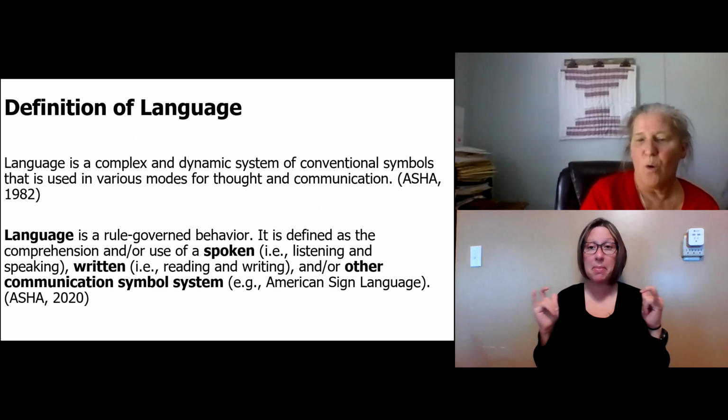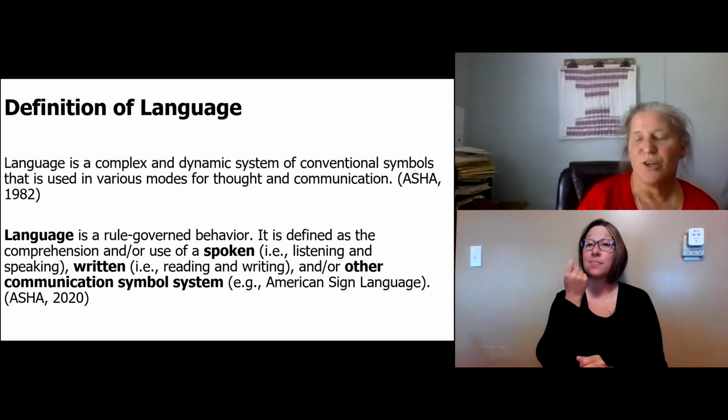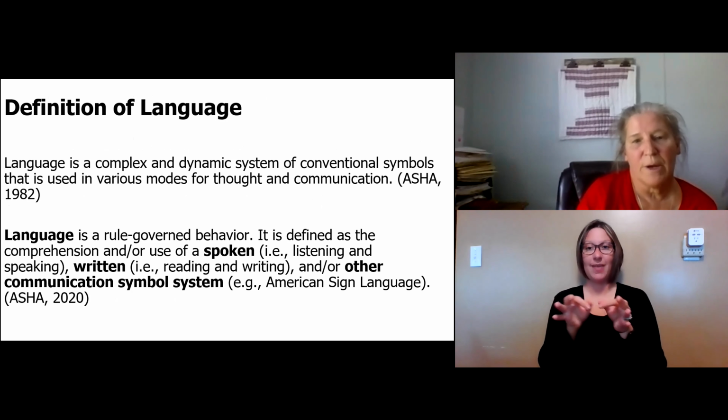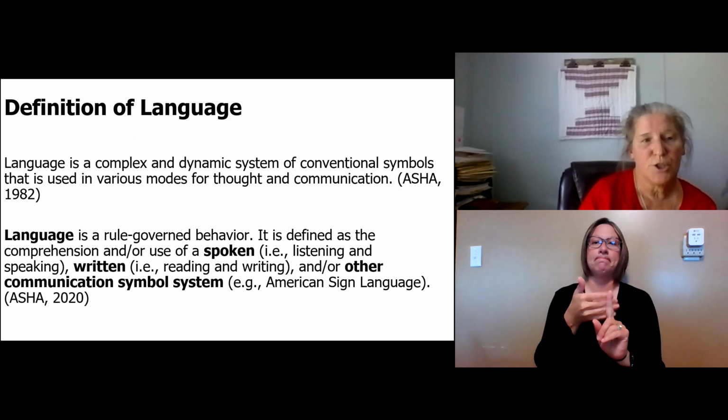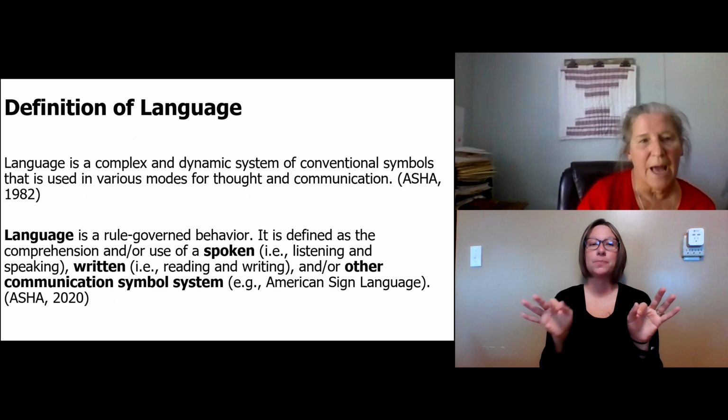But now we're getting more into the definition of language, which is what we really are working towards. We're working towards getting these individuals to understand language.